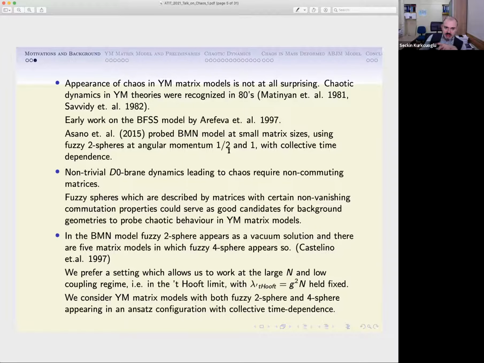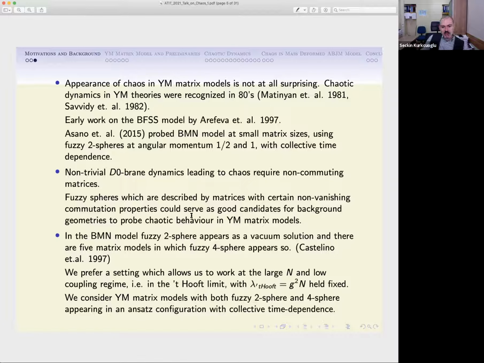Also, in the case of the BFSS model, there was a work of Irina Aref'eva in the late 90s. There are some recent works by Japanese groups on the BMN model with small matrix sizes, using fuzzy spheres. So our approach to the mass deformed matrix model will also involve some fuzzy spheres, as I will tell you in due time.